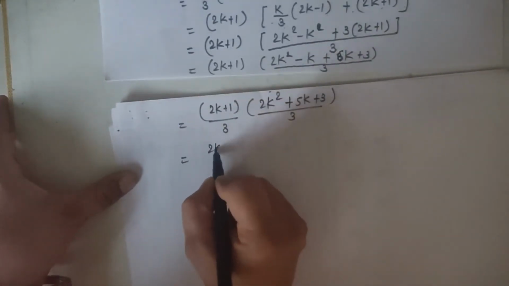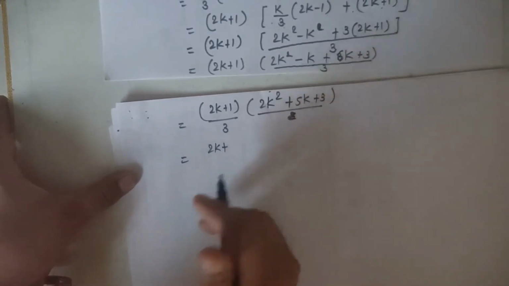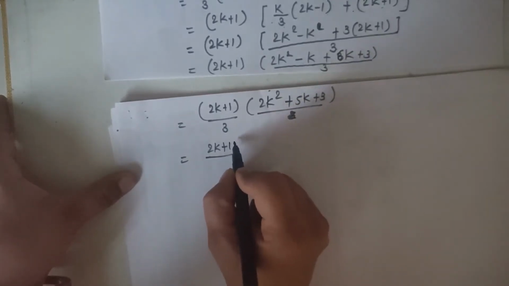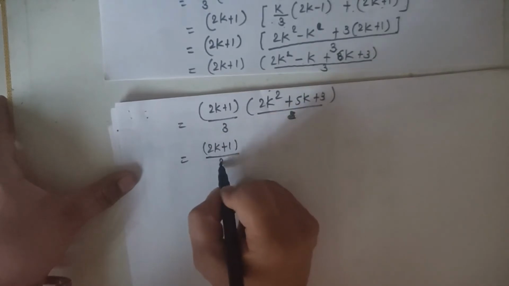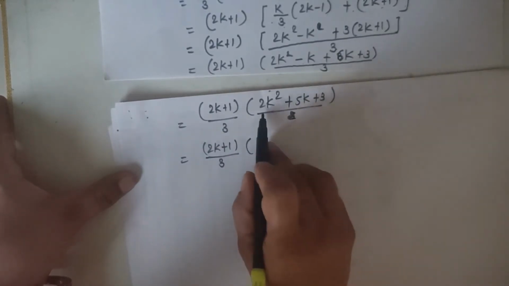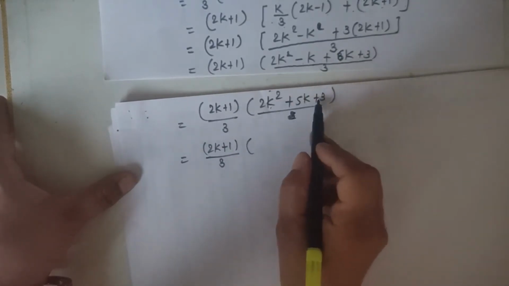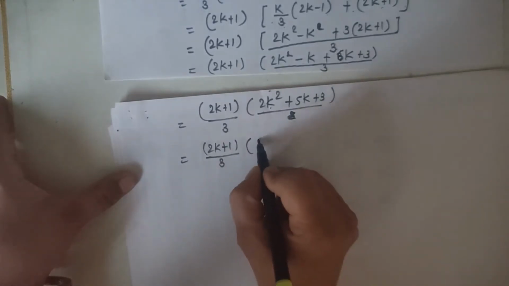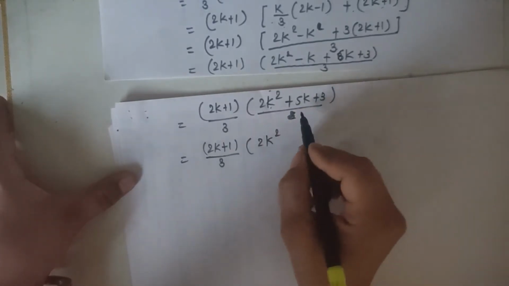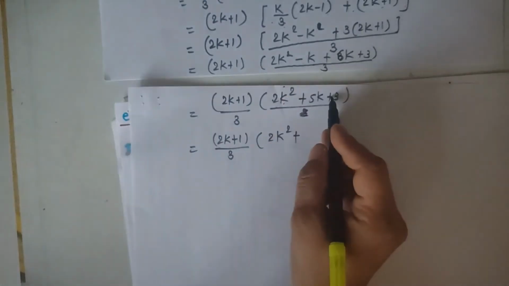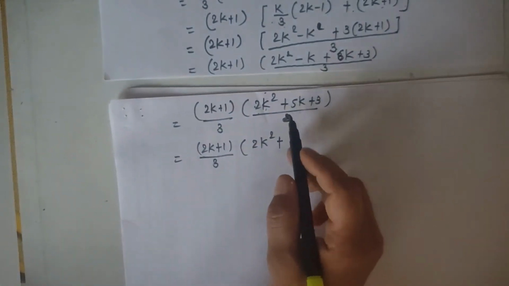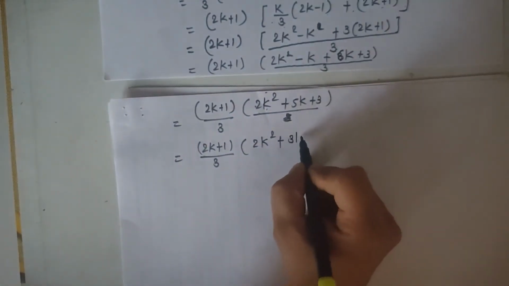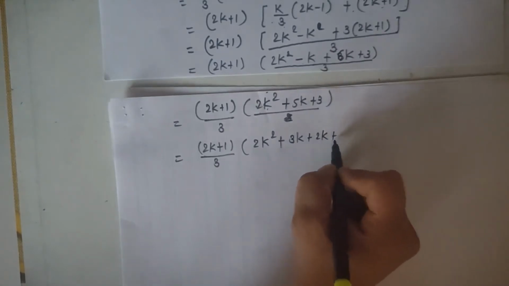Again (2k plus 1) upon 3, and factors of 2k square plus 5k plus 3: that is 2k square plus 3 into 2 is 6, and factors of 6 are 3k plus 2k plus 3.